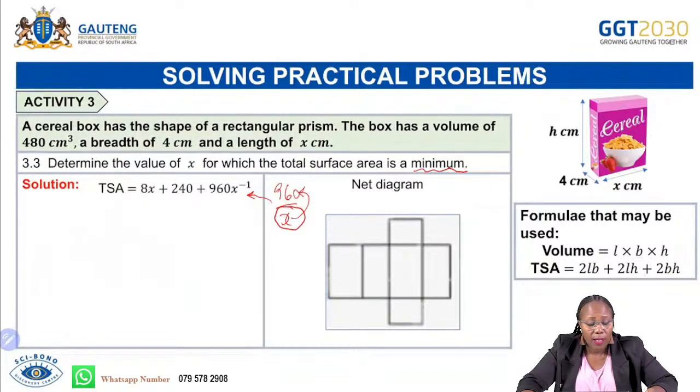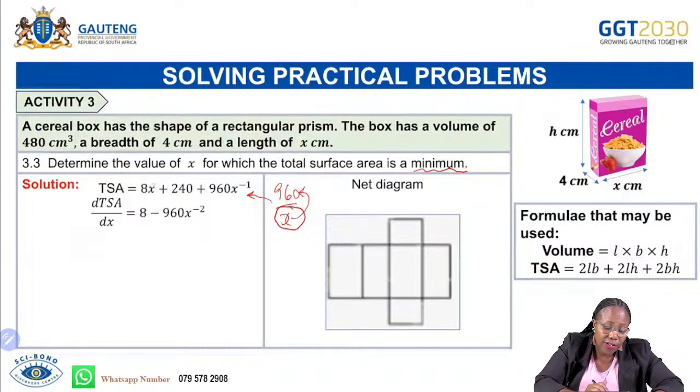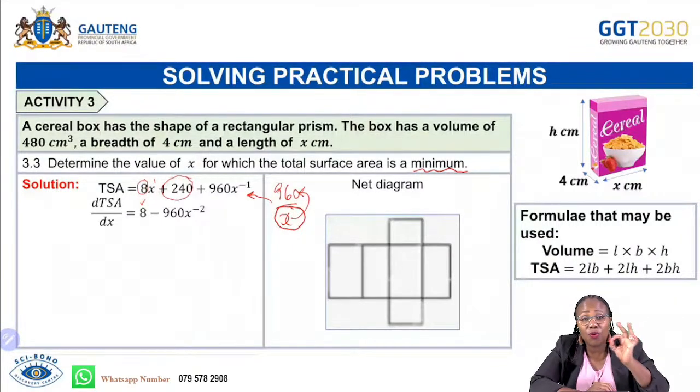And then now moving on, we are going to differentiate the total surface area in terms of x. So now the derivative of 8x will be 8. And the derivative of 240 will be 0, because 240 is a constant number. The derivative of a constant number is 0. Hence, you don't see any notation there.